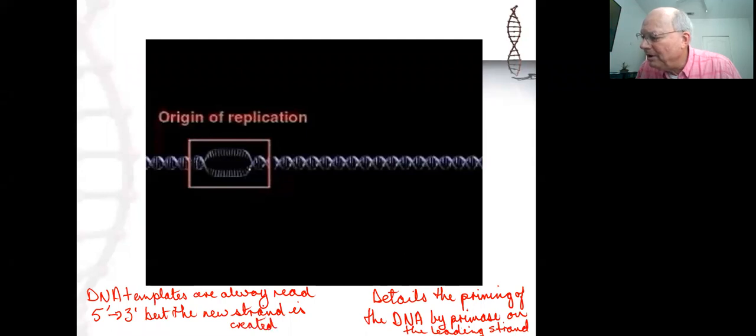Okay, we'll put it here, created in the 5' to 3' direction. Okay, so the DNA template is always read 5' to 3', but the new strand that's being built as a consequence of copying that information is always going to be created 5' to 3'. And actually, I've got a mistake here.